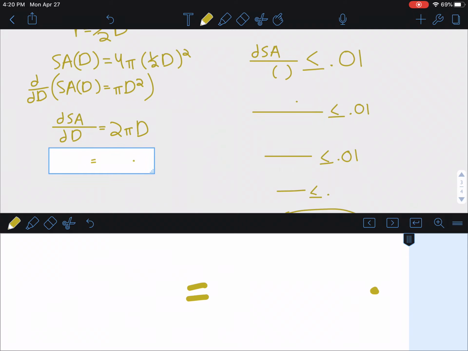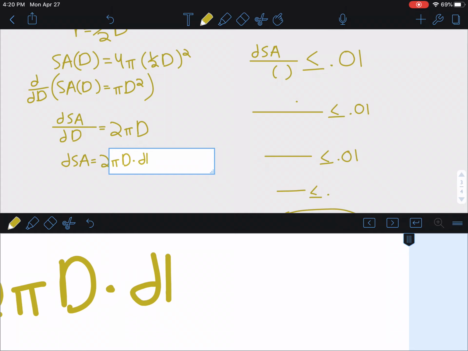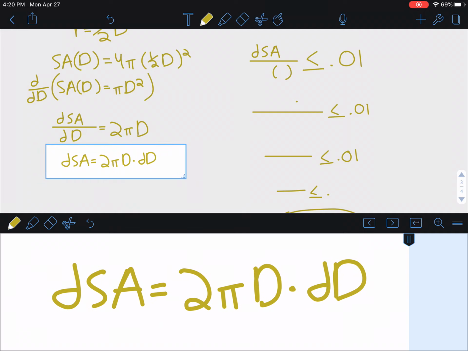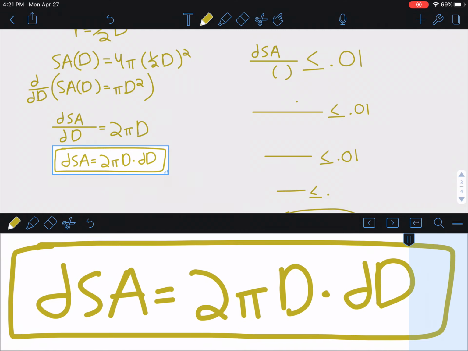And then isolate the differential of the surface area. And so I get 2 pi d times the differential of the diameter dd. This is one I don't recommend you memorize, but we can use this for now.